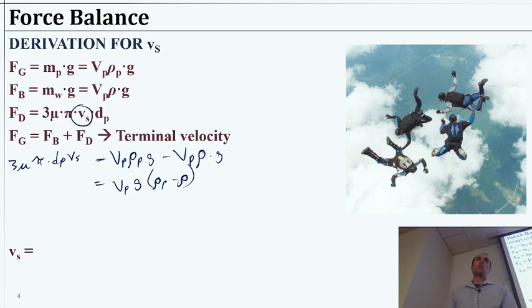Now the volume of the particle, we could use that, but it will be handy to put that in terms of the diameter. So the volume of a perfect sphere, anybody remember that? Four over 3 pi r something?